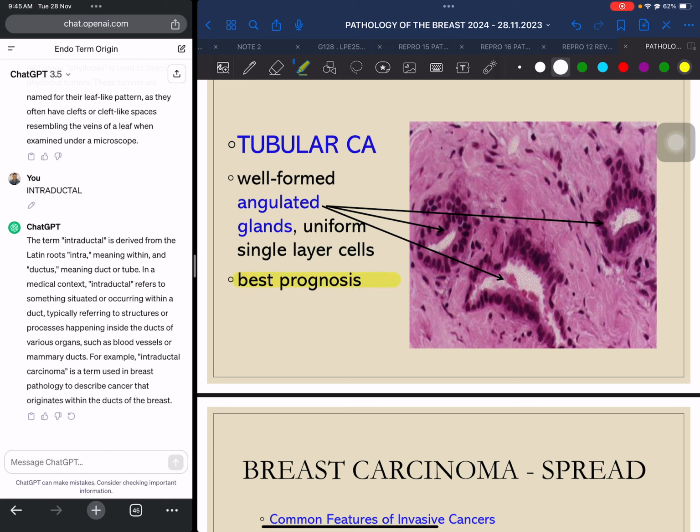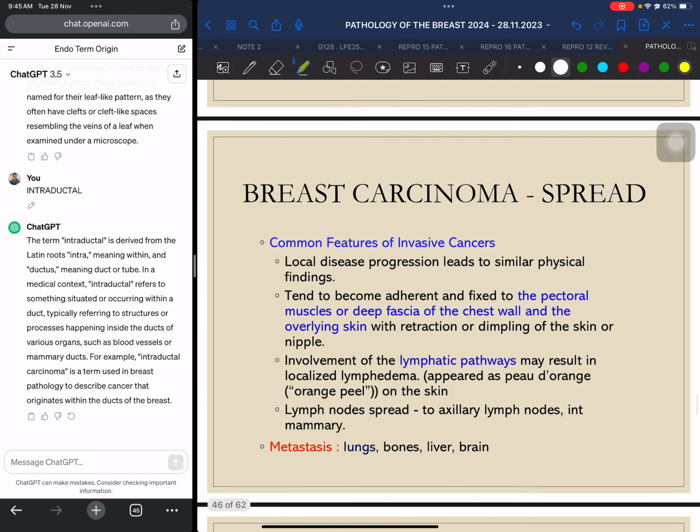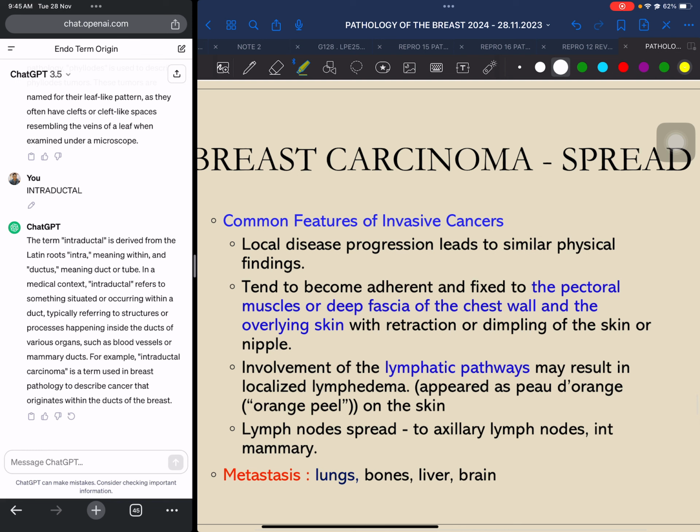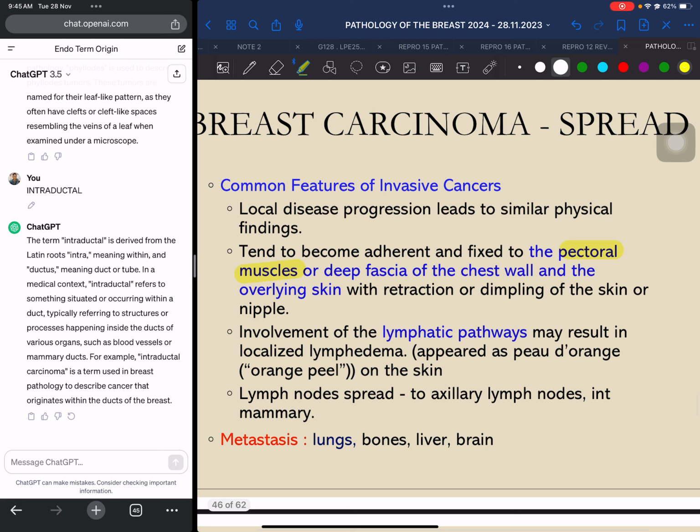Okay. So how does breast cancer spread? They tend to spread to the surrounding structures. For direct local invasion, they tend to spread to the pectoral muscles or the deep fascia of the chest wall, or they can spread to the overlying skin.